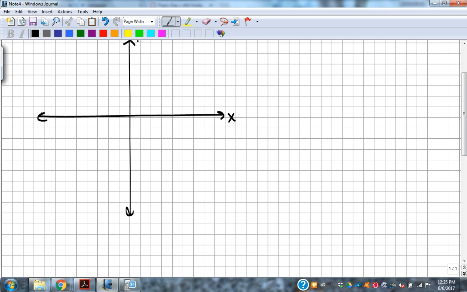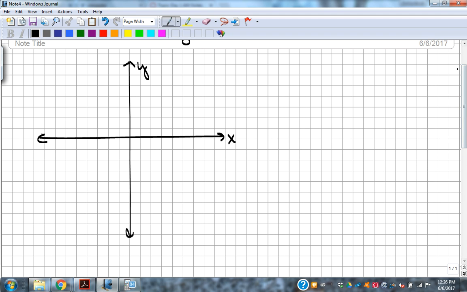This is the x-axis. The vertical is called the y-axis. And then there are quadrants that we're going to deal with, split into 4 parts. They're numbered starting in the top right with quadrant 1, quadrant 2, 3, and 4.